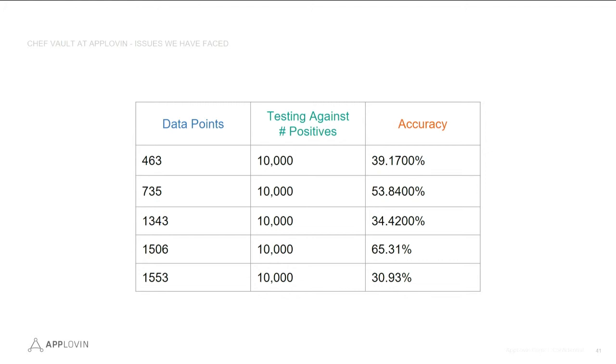For example, we have 463 data points that could be a secret or not, running against 10,000 positives, and our accuracy is actually 39%. As we went through the different tests, there wasn't any useful conclusion out of those.